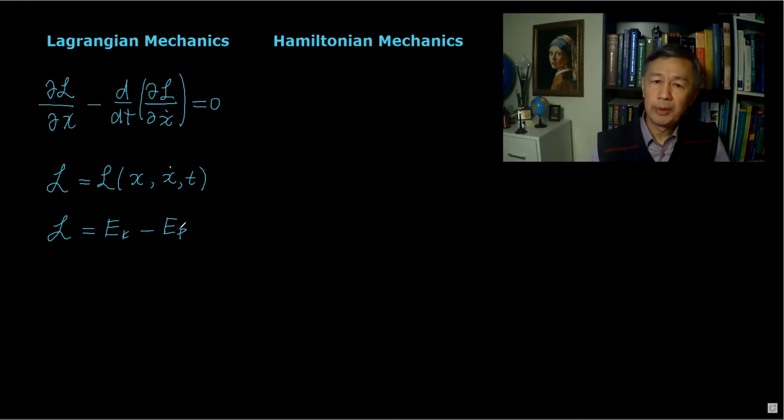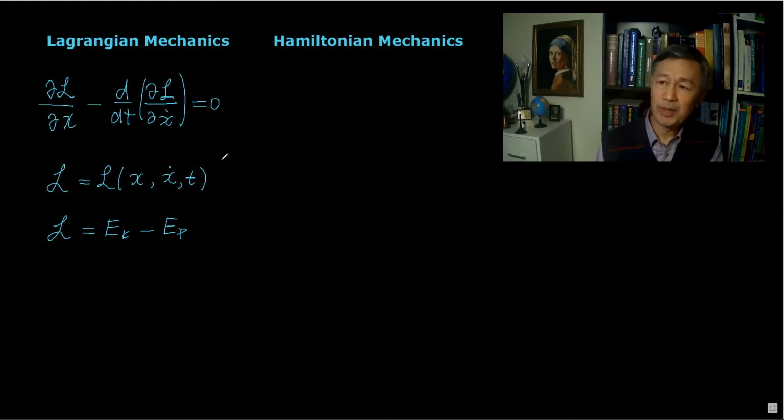And bear in mind, when we study analytical mechanics, we prefer to describe the motion of the particle or many particles in terms of their coordinates and the momentum. So sometimes whenever we encounter the velocity x dot, we can also replace that by the momentum, apart from the mass. Okay. So this is the basic equation to apply Lagrangian mechanics.